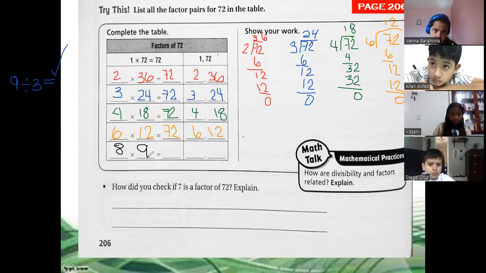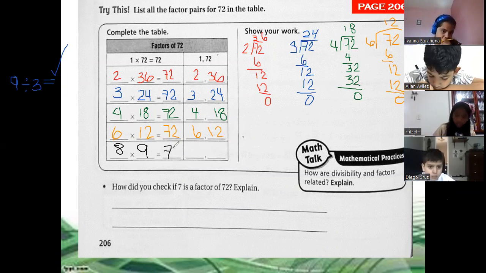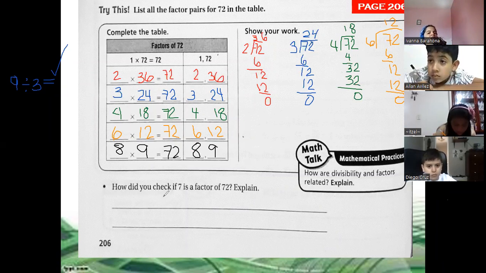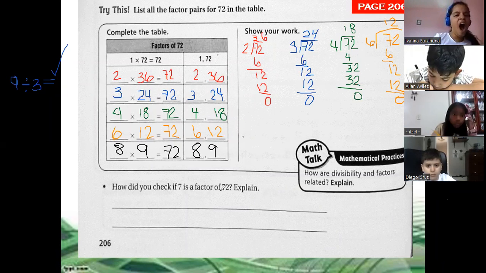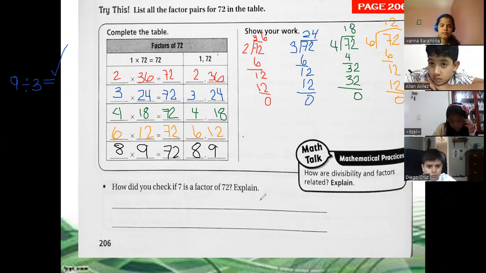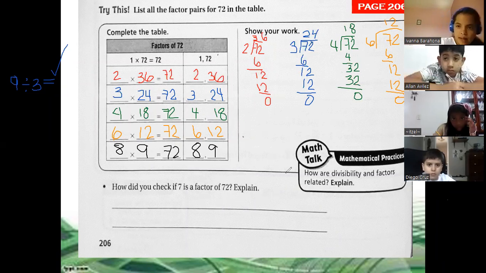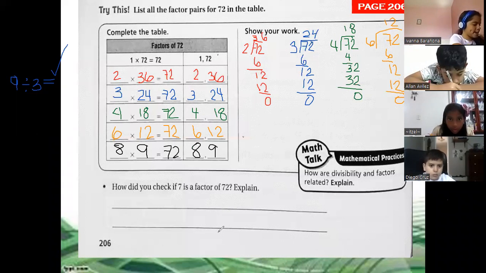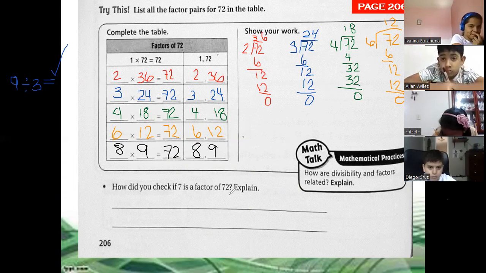This one is the last pair. 8 times 9, 72. So the factors are 8 and 9. How did you check if 7 is a factor of 72? That is not the divisibility rule, right?